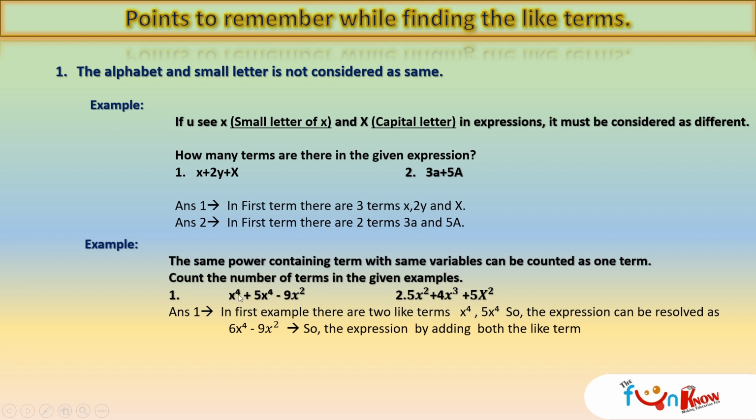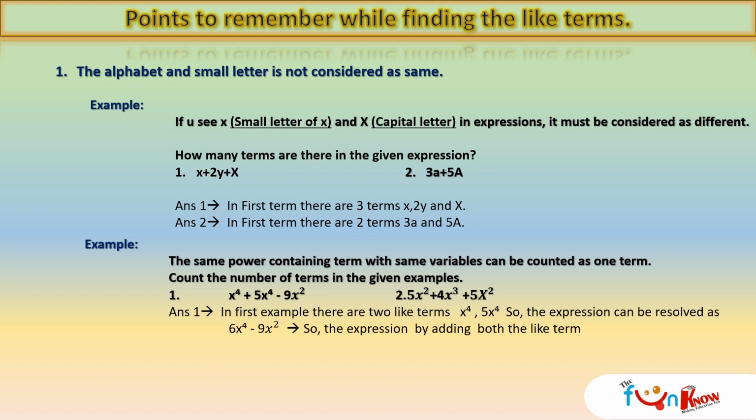So 1x raised to 4 plus 5x raised to 4. That means 5 plus 1 will be 6x raised to 4. So this is how you can write, students. 6x raised to 4 minus 9x squared will be our new expression, because we can add these both terms, and by adding them we can make them one term. That means two terms with the same variable and same power can get added and can be considered as a single term.